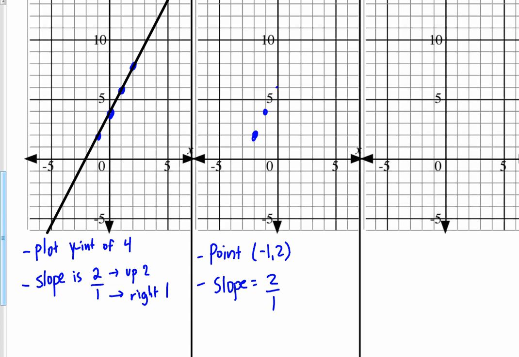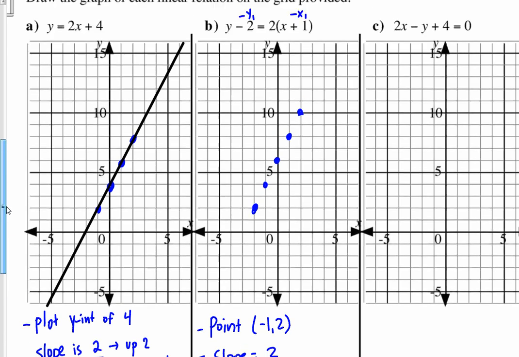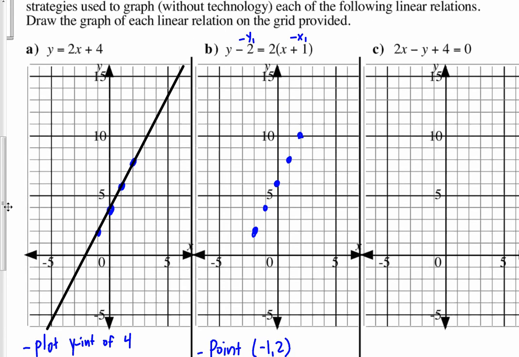Guess what? Is it the same line? Yeah, what's wrong? Oh. Let's try this again. Sorry. Our x is negative 1. Wait, what's wrong? Oh, I just plotted it wrong? X is negative 1, y is positive 2.